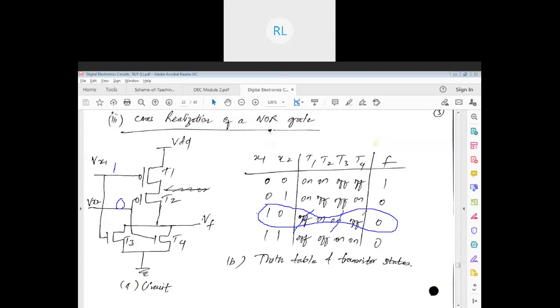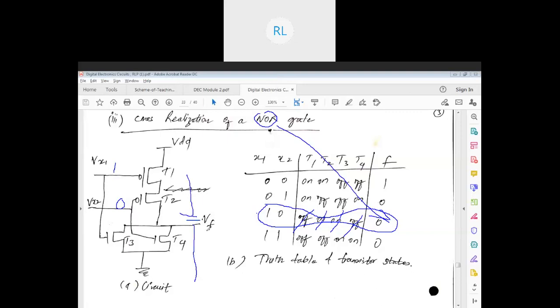Now wherever the 1 is going, T1 should be off, done. Next, 1 is going here, T3 should be on, done. 0 is here, so since 0 is going here, my T4 should turn off, T4 is off, done. 0 is getting into T2, so it should be on, done. So 1 plus 0 is actually 1, but since it's a NOR gate, I am getting 0, right? This is also done. Fine.